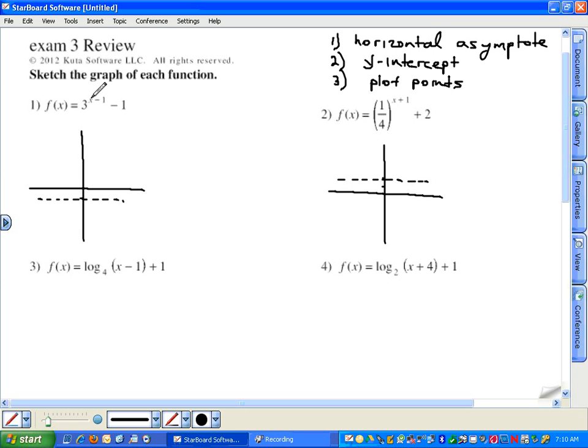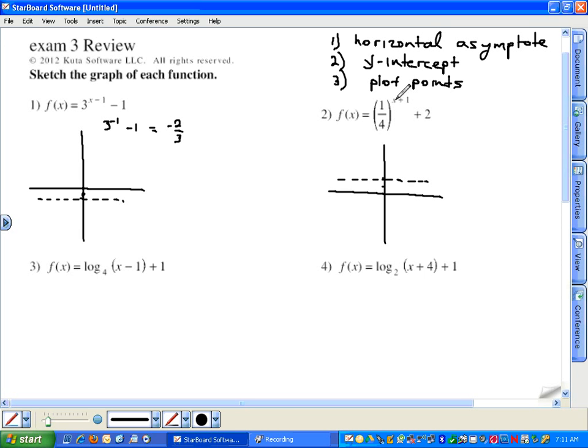Okay. Now the y-intercept is found by letting x equal 0. So if this x right here equals 0, 0 minus 1 is -1. 3 to the -1 minus 1 is -2/3, which is about right there.